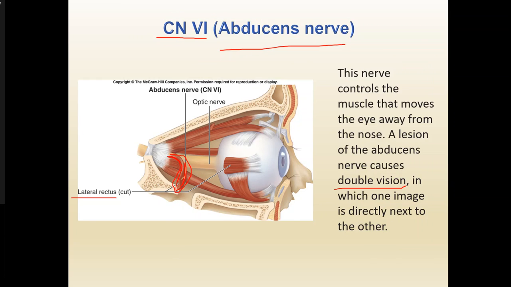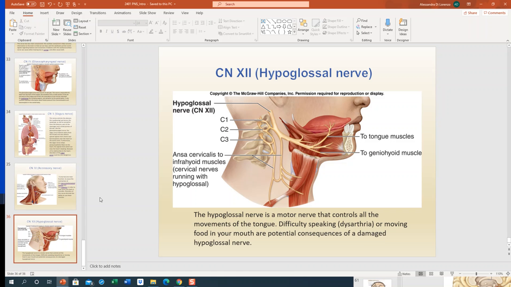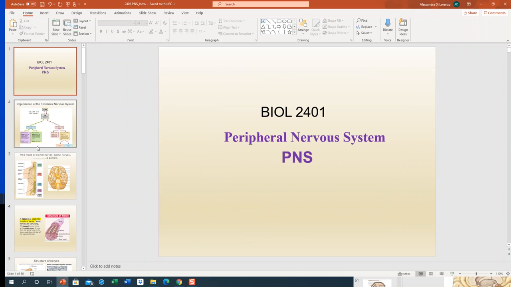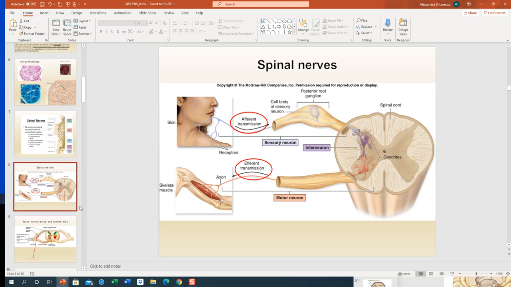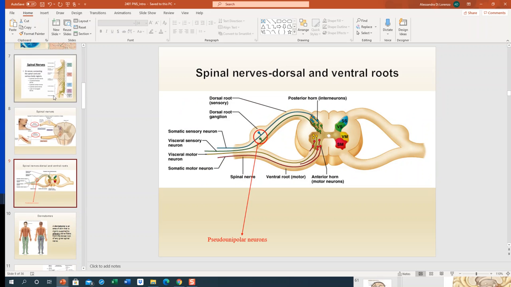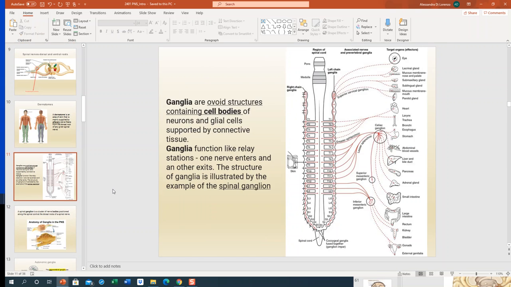And so I think that this is not too much to remember after all, because we have talked about a lot of this already, especially regarding the structure of nerves, spinal nerves. We already showed you all these slides in one of the previous lectures, so you should already know a lot of this.